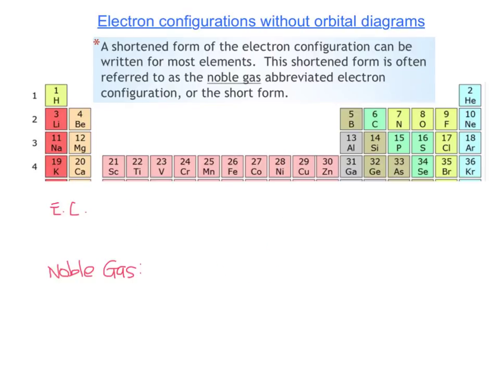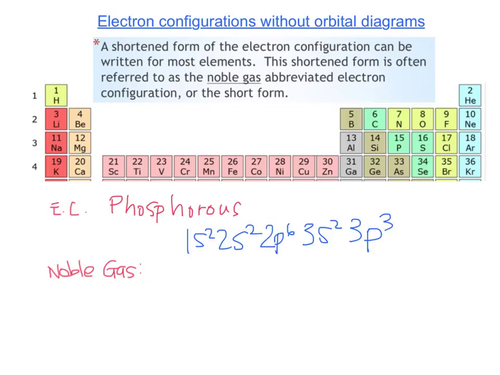The next one we should try is phosphorus. It has a total of 15 electrons, so the electron configuration is 1s2, 2s2, 2p6, 3s2, 3p3. Now we look at the noble gas in the row above.